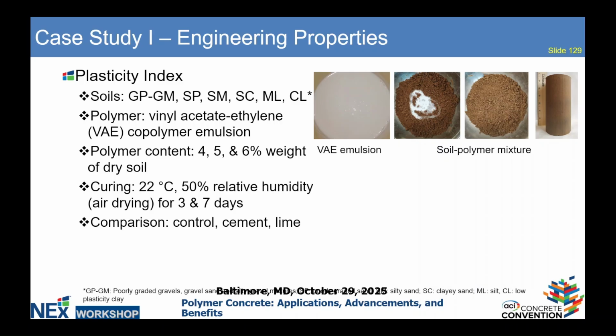And for this one, like any other mix designs, we choose 4, 5, 6% of the product added into the soil. We'll talk a little bit more about this because it depends on the polymer. Sometimes this term itself needs a little bit more clarification. We'll come to that later. And then the curing, just a regular standard curing at room temperature.